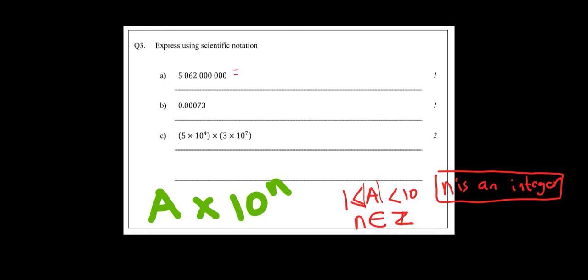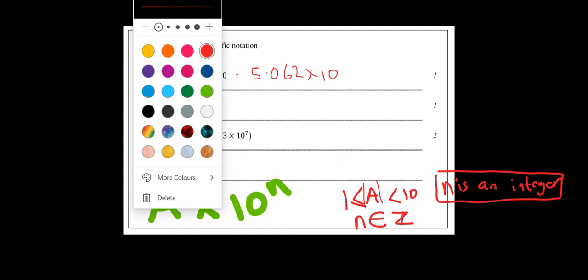Okay, so here we get 5.062, and I like to jump here. 1, 2, 3, 4, 5, 6, 7, 8, 9. Times 10, that seems wrong. Let's get a finer pen.